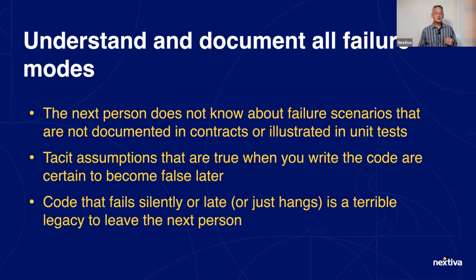Some of the assumptions that you made when you wrote the code may not be true anymore as it evolves, and things that just silently fail are a place where this really can bite. Silent failures are really, really bad, especially for the newbie, the new person.